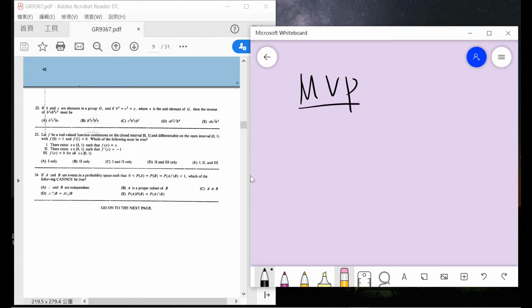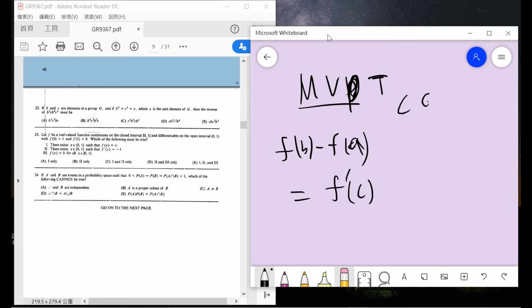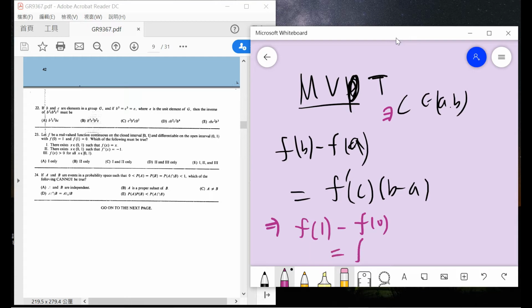Remember that we have the mean value theorem, MVT. The mean value theorem says that if f is continuous on the closed interval AB and differentiable in the open interval AB, then f of b minus f of a equals some derivative at c in the open interval AB times b minus a. So b equals 1, a equals 0, and we have f of 1 minus f of 0 is some derivative times 1.